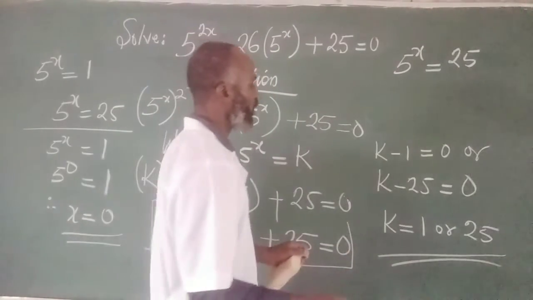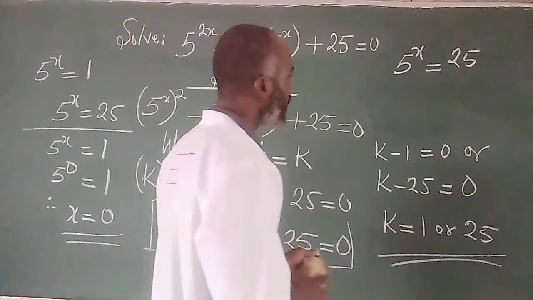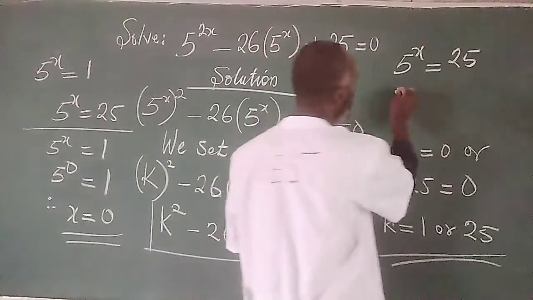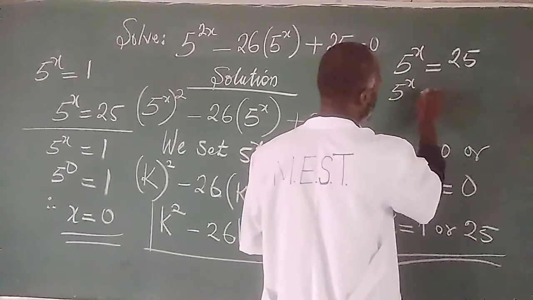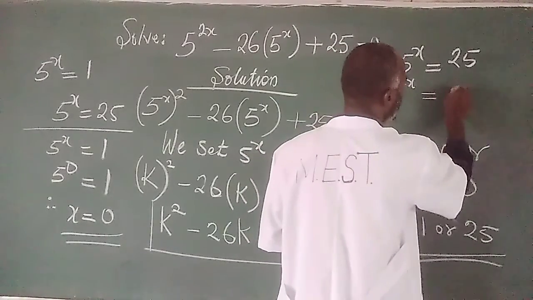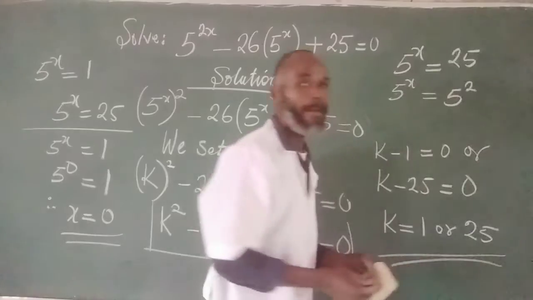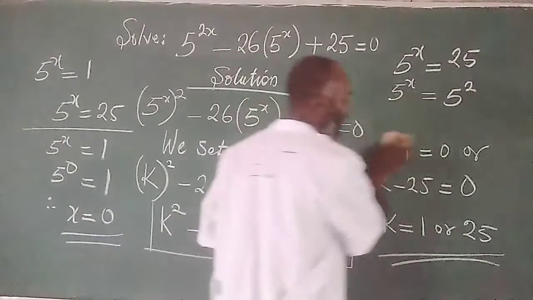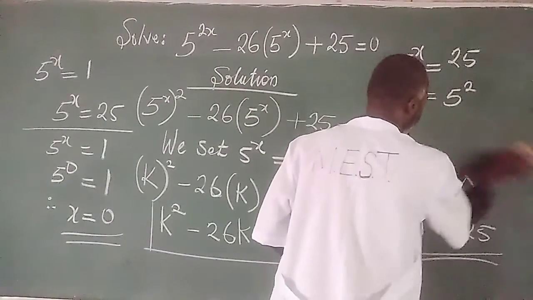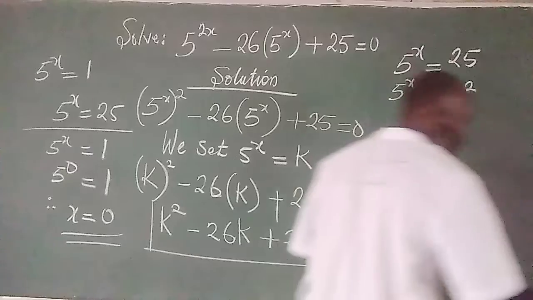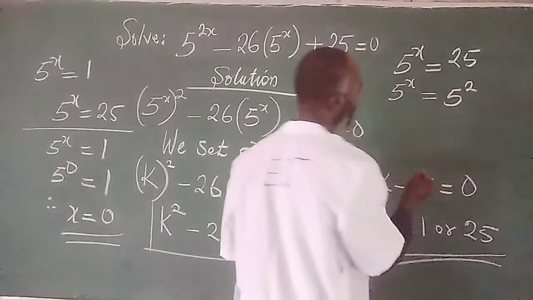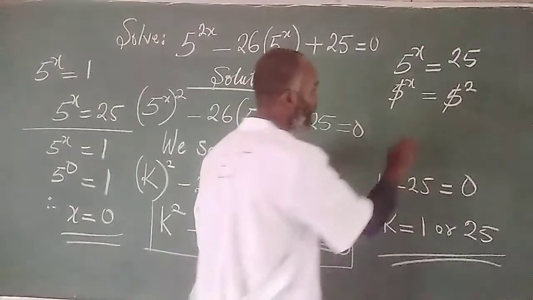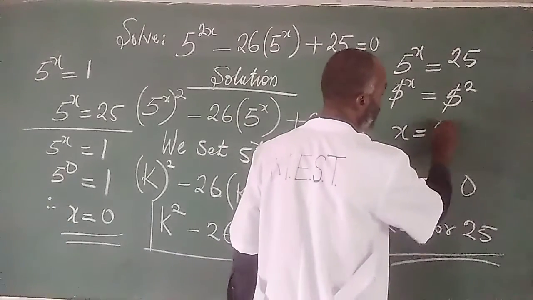It means that whatever will give us 25 must be raised to power 2. So 5^x is equal to 5 raised to power 2. Very interesting, right? This will now allow us to simplify further. We cancel 5 here and then cancel 5 there. Then we have that x is equal to 2.